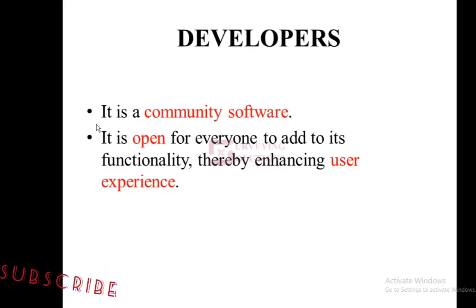Then the next thing is that QGIS is a community software, which we have actually cited earlier. It is open for everyone to add to its functionality, thereby enhancing the user experience. Now, it's not closed.